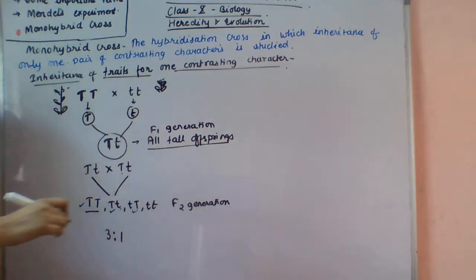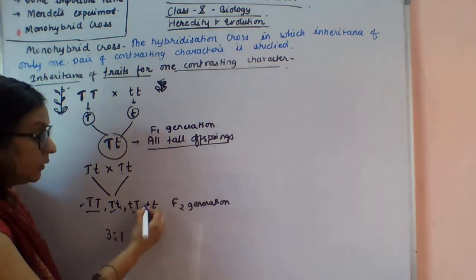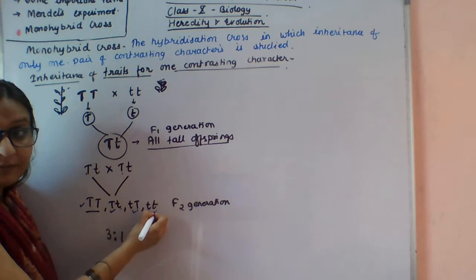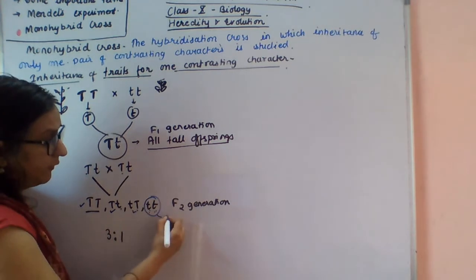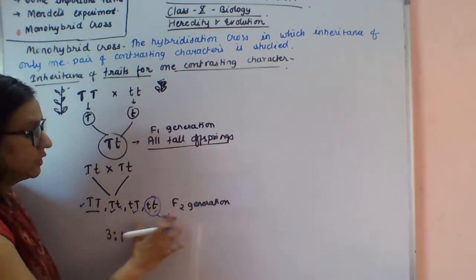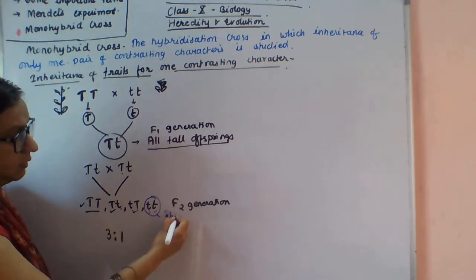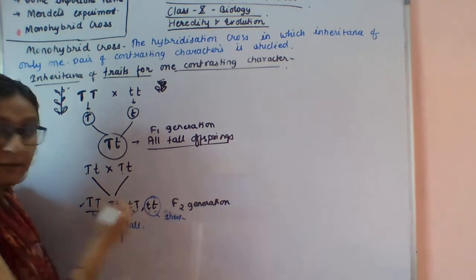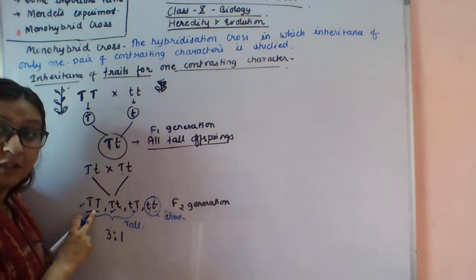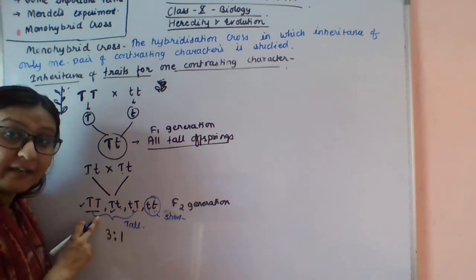Here, both the genes are recessive. So only this plant will be dwarf, or you can say short. The rest, all three, are tall because they have the dominant trait with them.